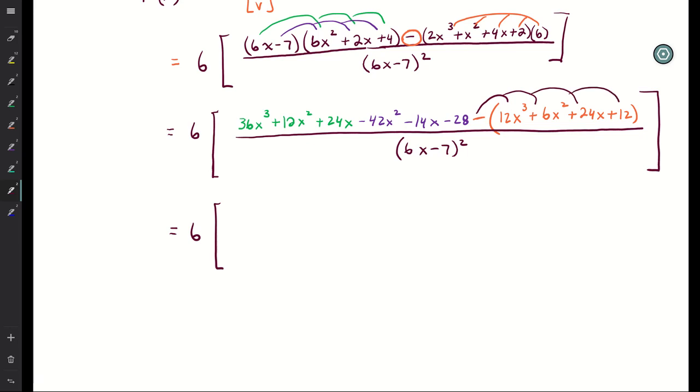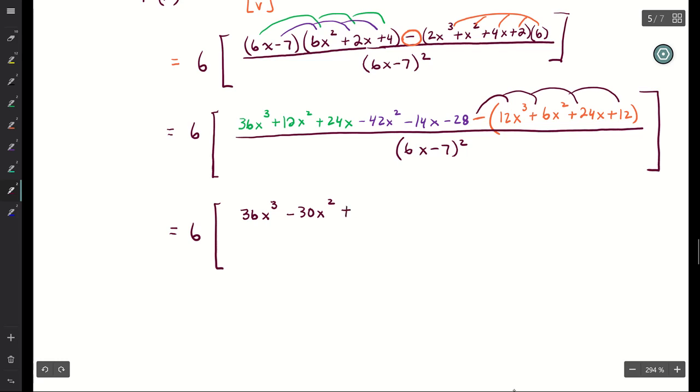All right, so far I have this 36x cubed. I don't see any more cubes here in the first part. I will eventually be able to combine it with something else. Let's see here, squares. So it looks like here I have the 12x squared and the negative 42x squared. So those two guys can definitely be combined. So that would give me a negative, and then that's going to end up being 30x squared. And then looks like we can combine also the negative 14x with the 24x.